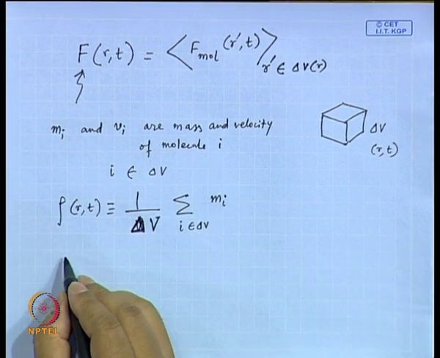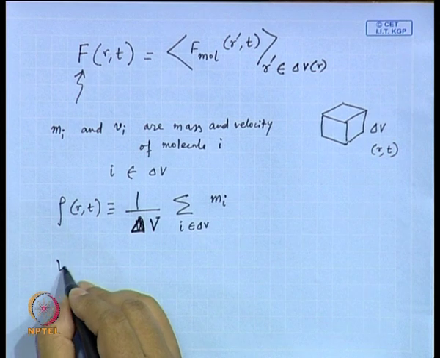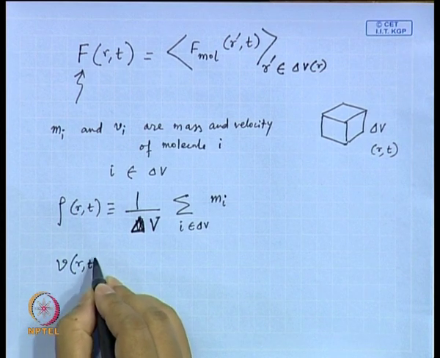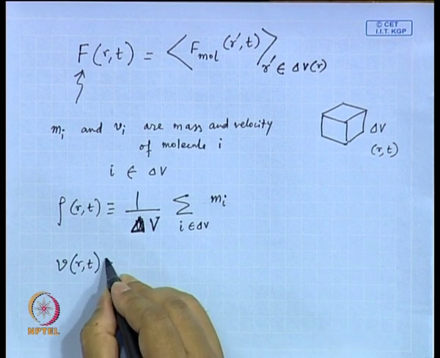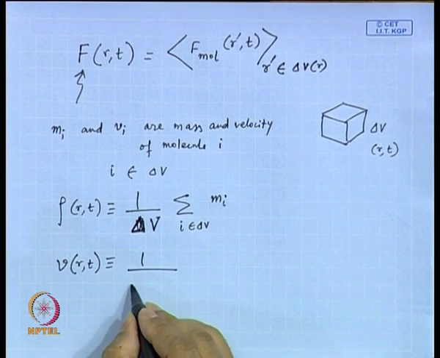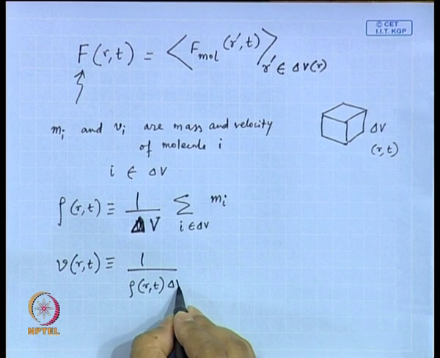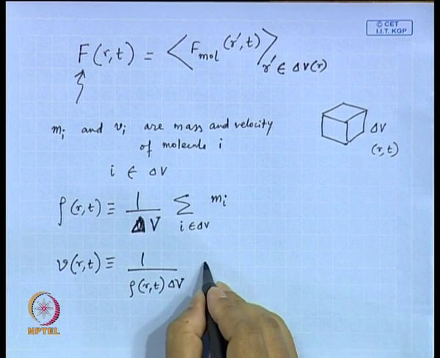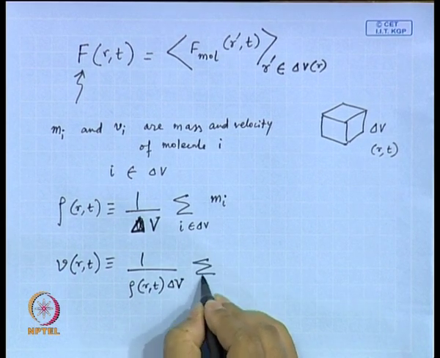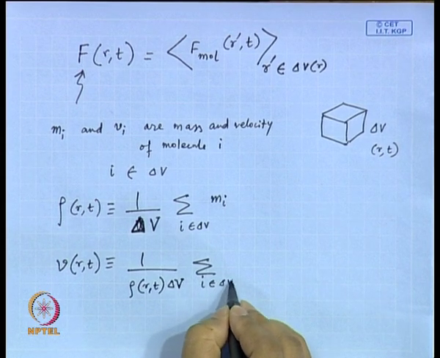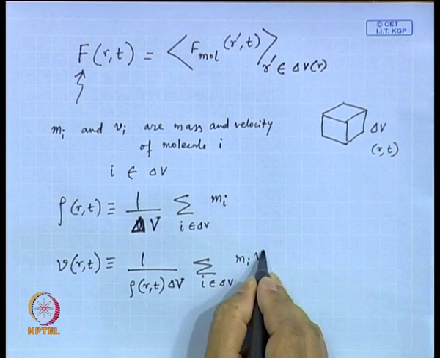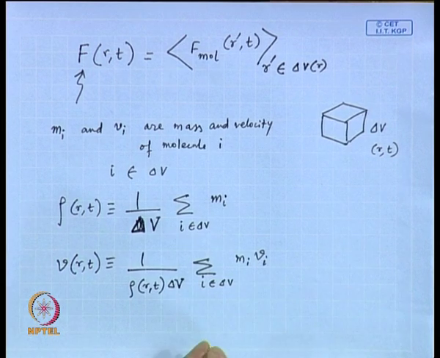And the other expression is velocity as a function of r and t, given as 1 divided by rho(r,t) delta V, times the sum over i belonging to delta V of m_i v_i.